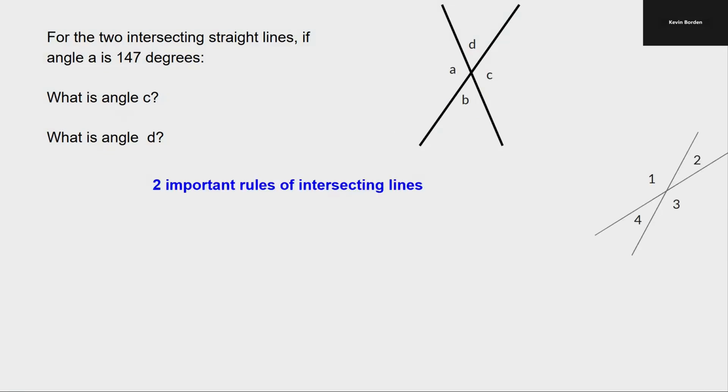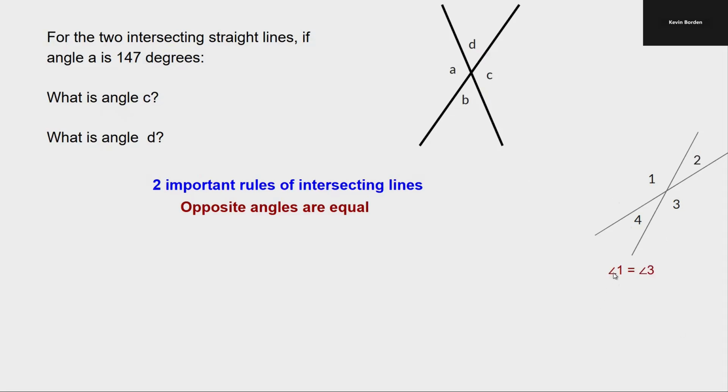Here's another set of intersecting lines, and I have labeled the four angles that get created as 1 through 4. As you can see, that will allow us to talk about the properties of those angles relative to each other. The first is that opposite angles are equal. Angle 1 and angle 3 are equal to each other.